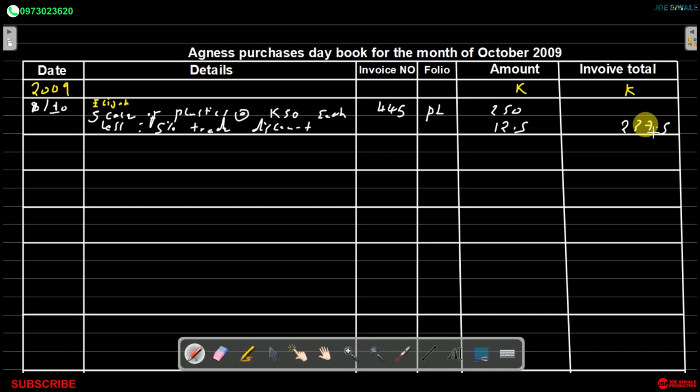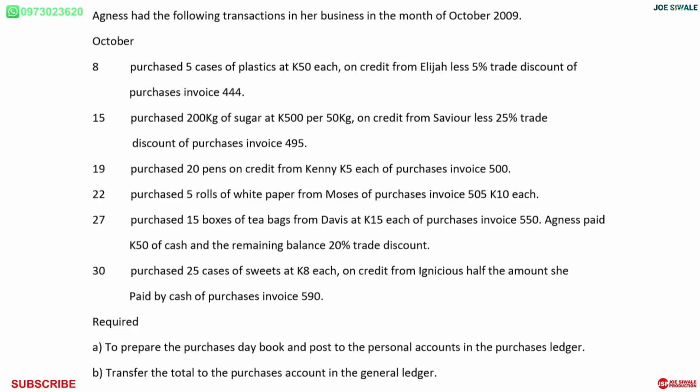So the next transaction occurred on the 15th. Purchased 200 kg of sugar at 500 kwacha per 50 kg on credit from Xavier, less 25% trade discount, of sales invoice of 495.